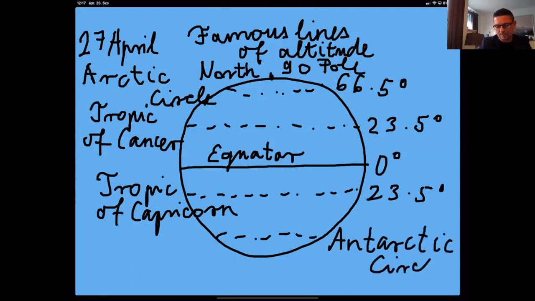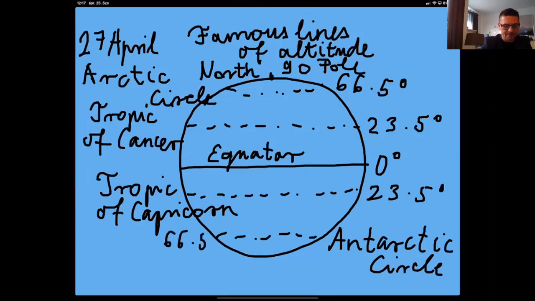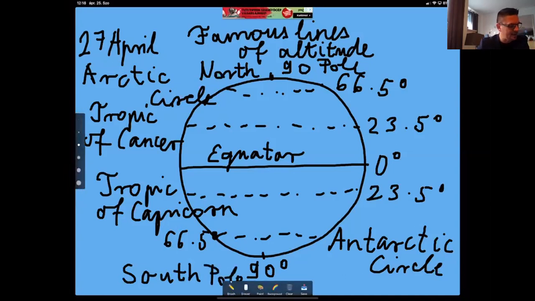And that refers to the fact that it's opposite the Arctic Circle at 66.5 degrees. You can write the number on the other side, just I had kind of more space here. And then 90 degrees, and this is the South Pole. Okay, so these are the famous identified lines or famous lines of latitudes, nevezetes szélességi körök.